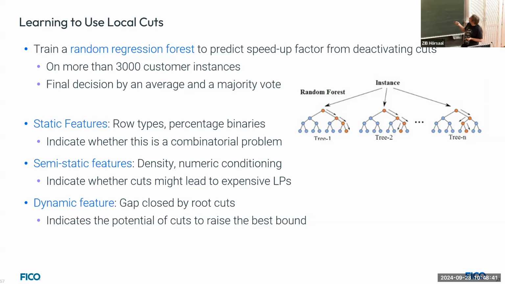These are features that try to investigate whether cutting planes might lead to more expensive LP solving or not. So what would be the impact of cutting planes on that measure? And then finally, the most important feature, the gap closed by root cuts. Obviously, this is a feature that we would expect to be closely connected to our question. If cuts work well at the root, they might work well in the tree.